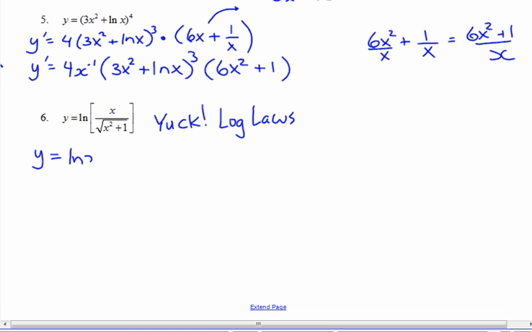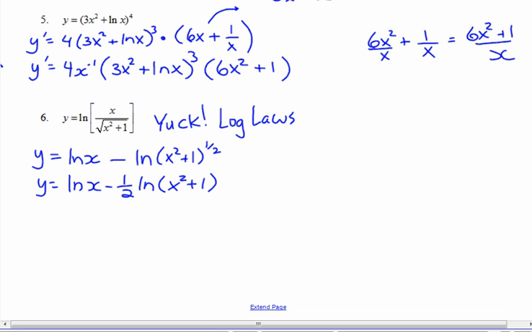Natural log of x minus natural log of x squared plus 1 to the power of a half. We can still make this even nicer if you wanted to. Bring the 1/2 in front. Now, is it as ugly? No. It's not as ugly.